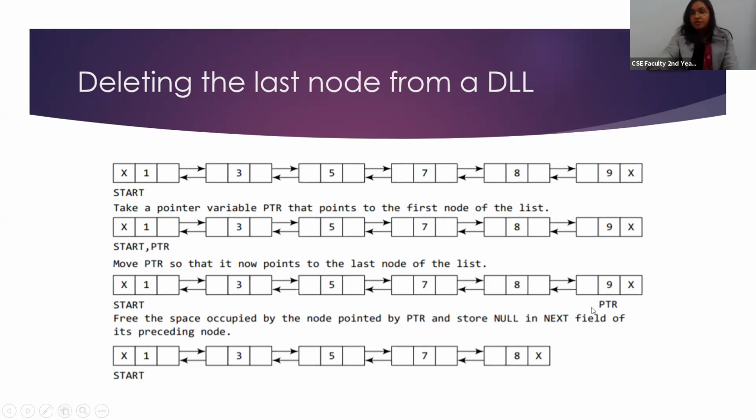When the pointer reaches here, what will you do? Pointer previous next, that means this part. Pointer previous means this part. So this part is containing the address of this node. So pointer previous next means this part will contain null and you will free the pointer. So these are the steps for deleting the last node from a doubly linked list.